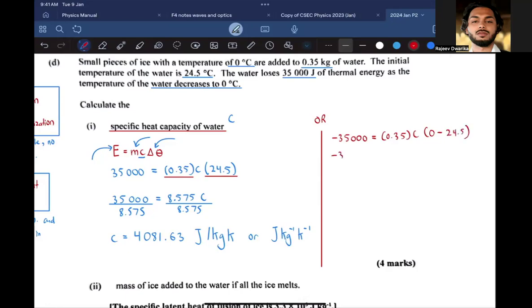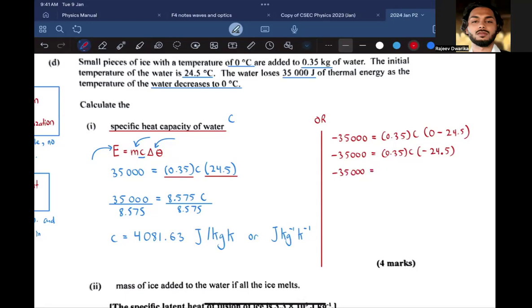You'd end up with 0.35 C times minus 24.5, and it will work out the same. Both are correct.